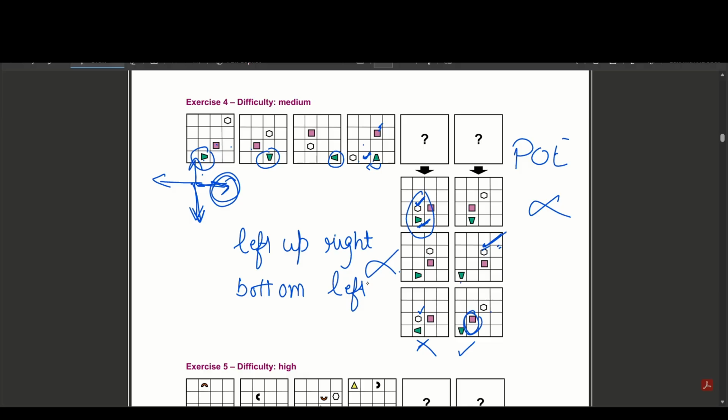So here left, up, right, then bottom, then it will move left. So this is the pattern that this figure is following. So the answer is matrix 1 is correct, matrix 3 is correct.